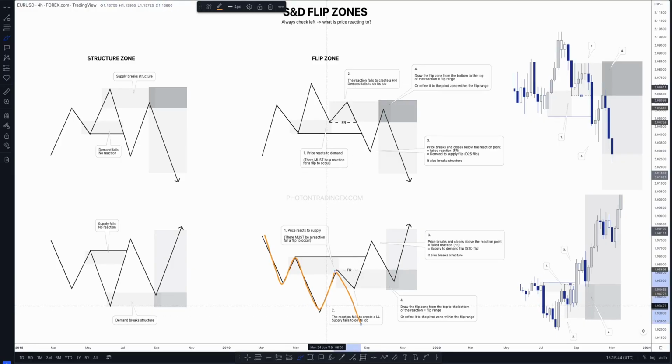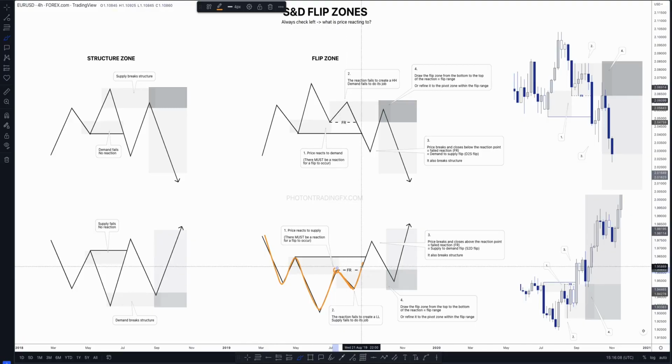That's what supply should do. But in this instance, it has a reaction. And remember, there must be a reaction for there to be a valid flip. If price just goes straight up through, then there's no flip here, right? We need to see a reaction. So there is a reaction, which means there should be some supply within there. But that reaction fails to do its job. It fails to form a lower low. And then price breaks up and closes above the top of the reaction line.